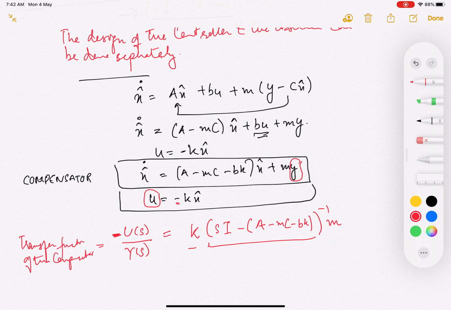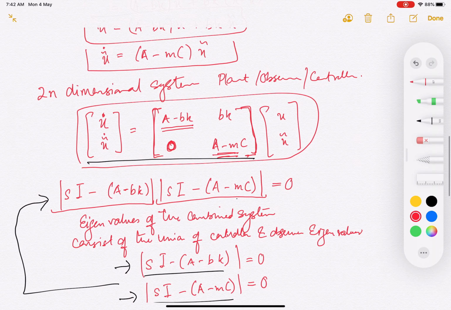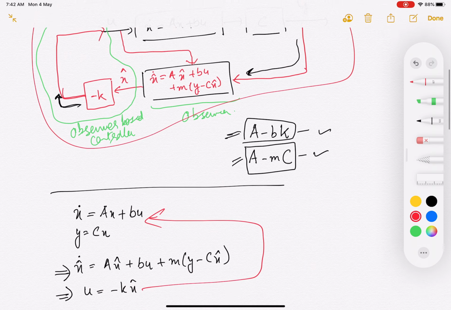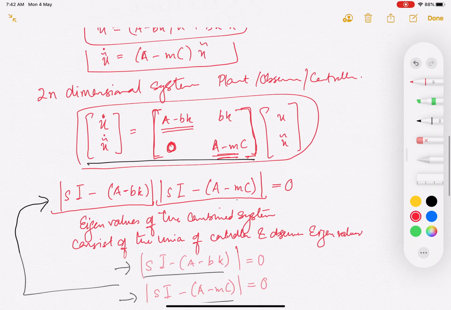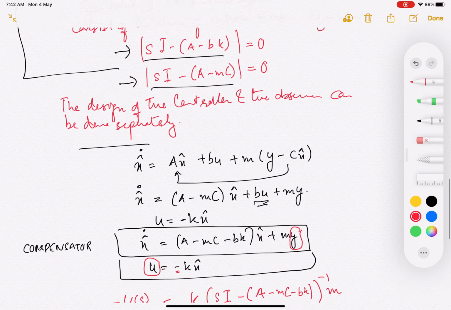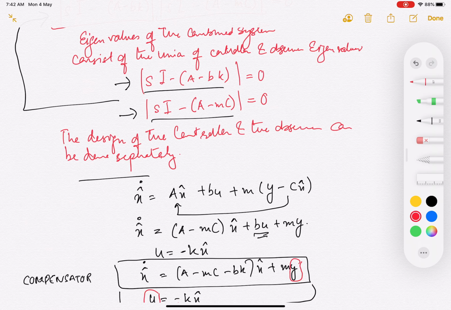So in effect, to conclude this lecture, what we have seen is that you can design an observer-based controller by separately placing the poles of the controller according to your requirement. This is determined by the behavior of the plant that you want, and separately placing the poles of your observer according to your requirement, depending upon what kind of observer dynamics you want.